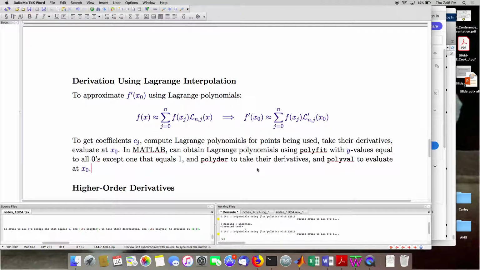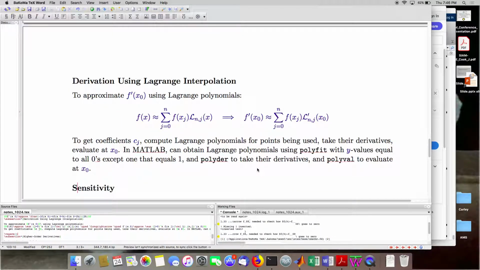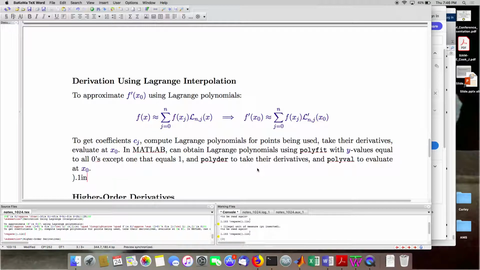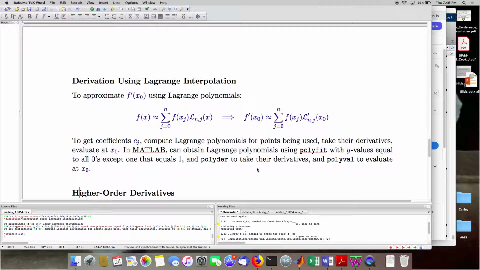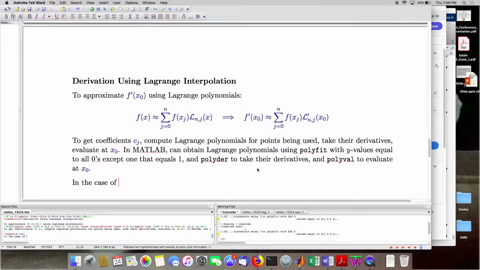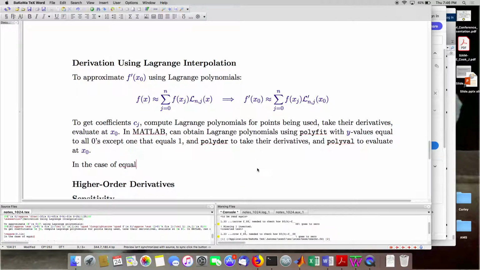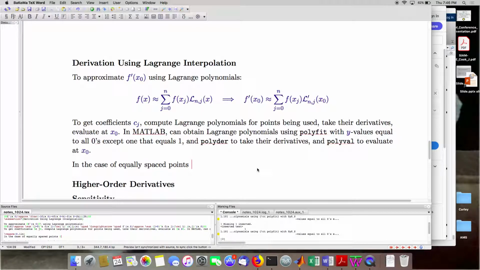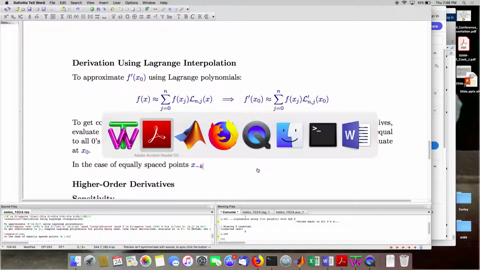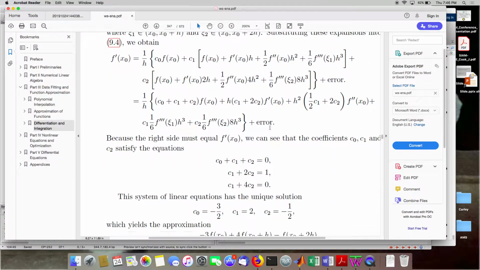Now, more specifically, in the case of equally spaced points, I want to use the same notation as in the book.